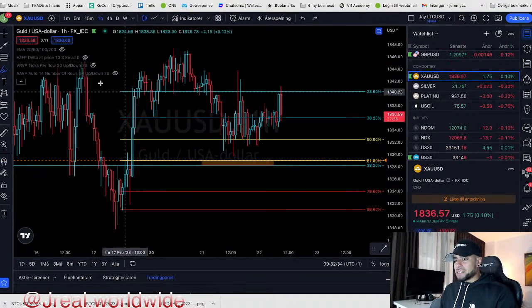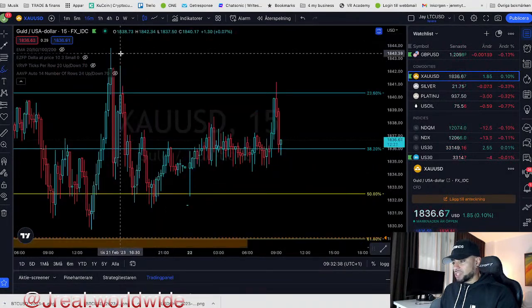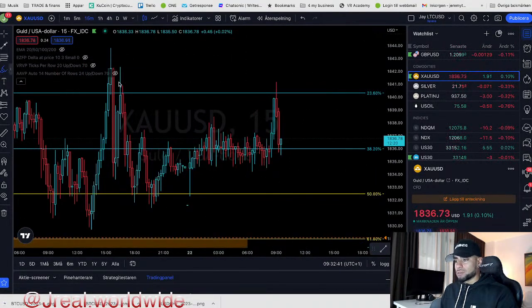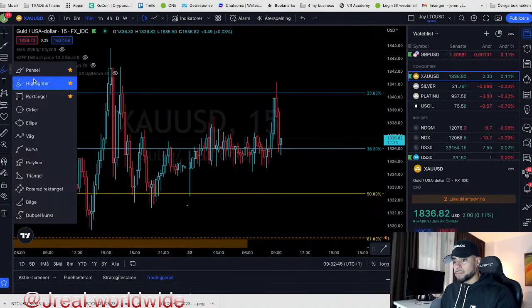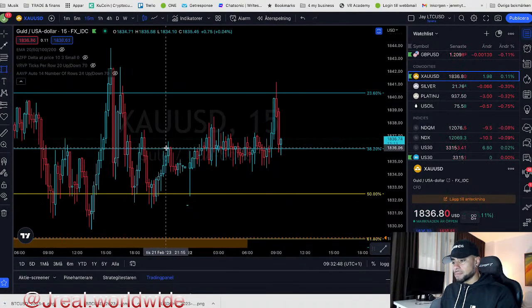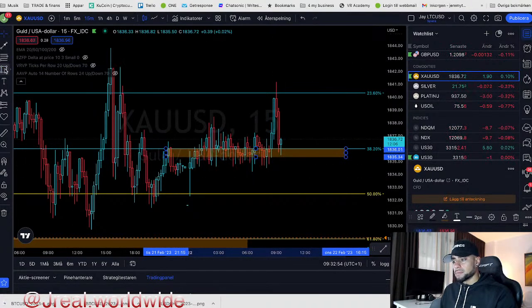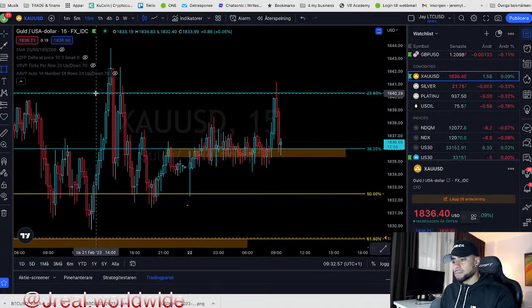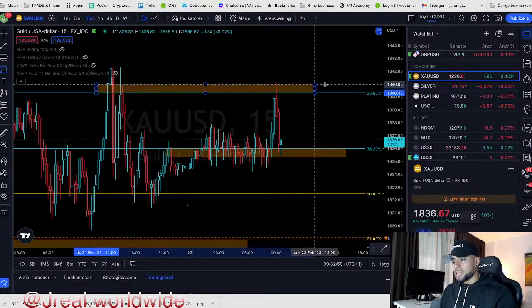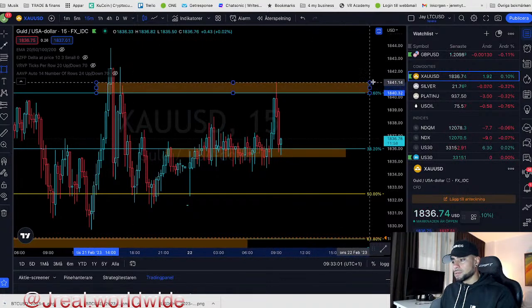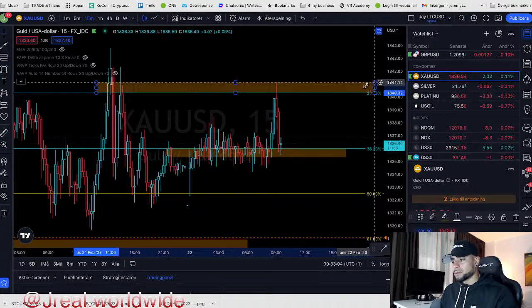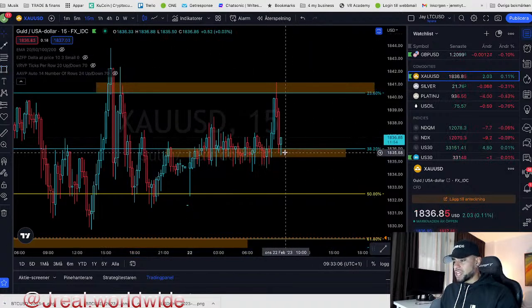Basically, before we can picture anything happening here, we need to see a breakout from this level. So I think when we see a breakout from this zone right here, and I would argue this zone right here, we need to see a breakout.